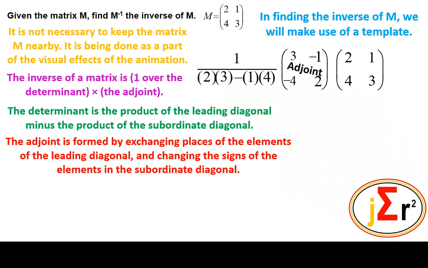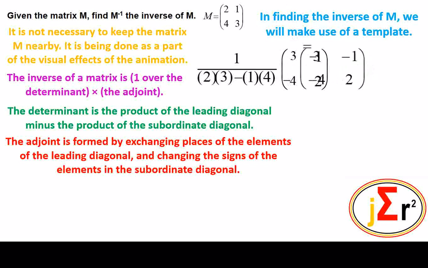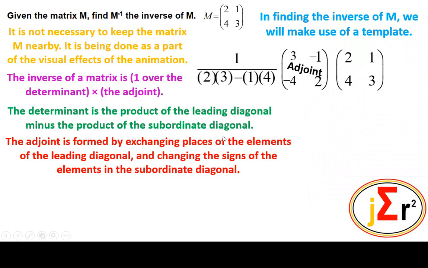There we have our adjoint, and consequently the inverse of the matrix, and we would have removed the original matrix that we are using as a shadow to the entire process. We will remove that one. Notice that what we have here is the adjoint.